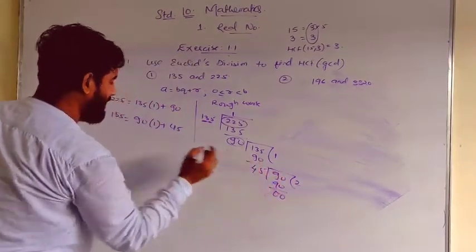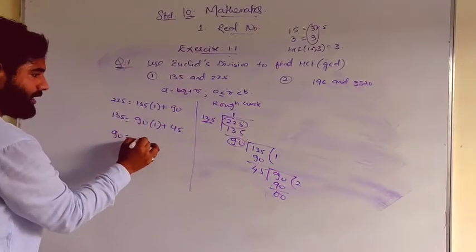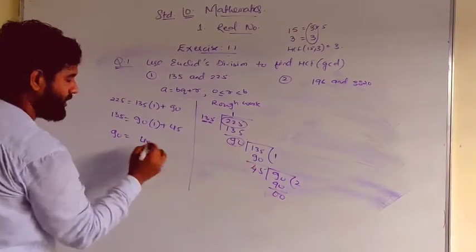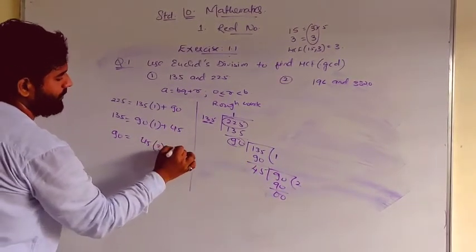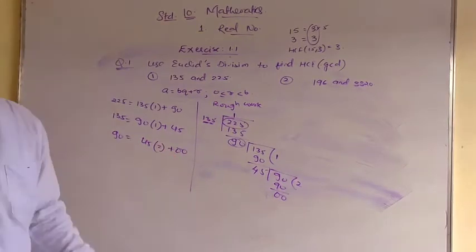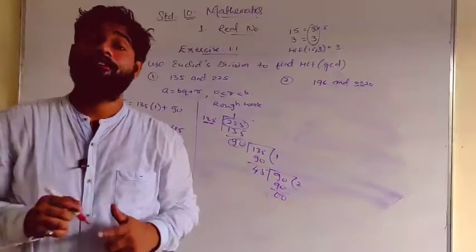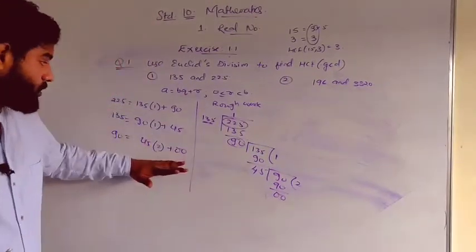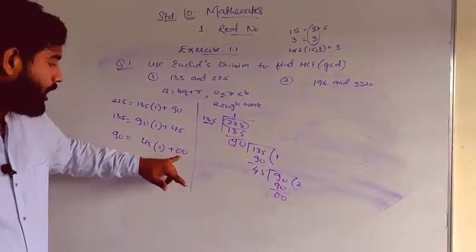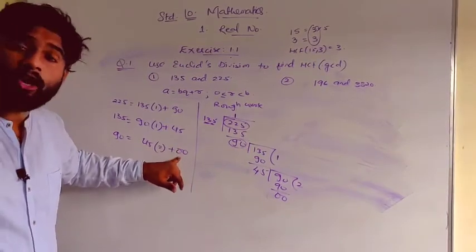So 90 can be written as 45, that is the divisor, into quotient 2 plus remainder 0. Now we got the remainder as 0. What will be your GCD? We have solved this process, we got the 0 remainder, and whenever you get a 0 remainder, you have to stop.